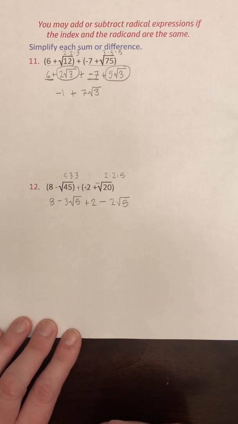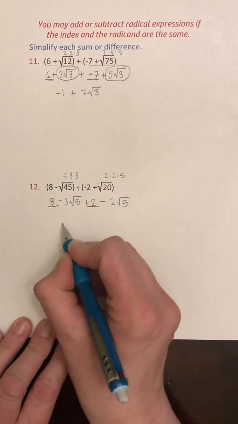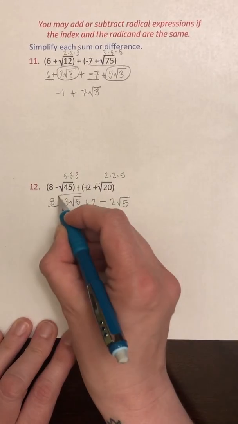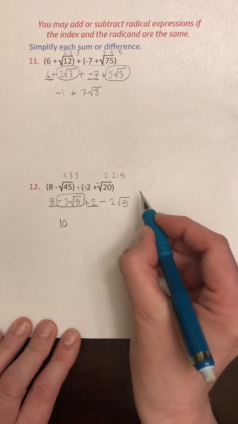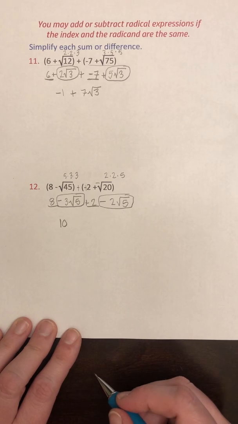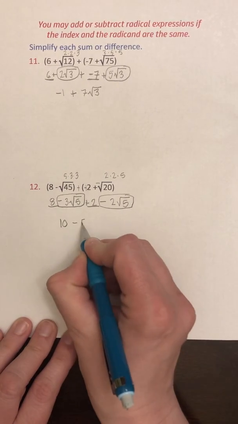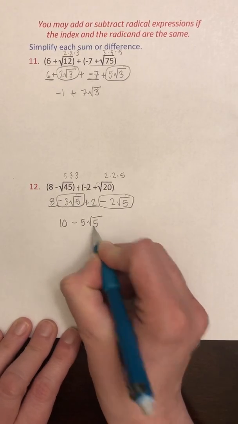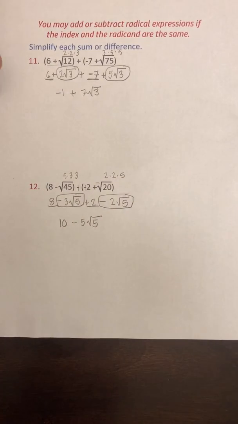So let's start with the integers. 8 plus 2 is 10. Now I'm going to look at the radicals. I have a negative 3 on the square root of 5 and a negative 2 on the square root of 5. I can only combine their coefficients. Negative 3 and negative 2 turns into negative 5, and I keep my square root of 5 the same because they're like terms. All right, almost done.